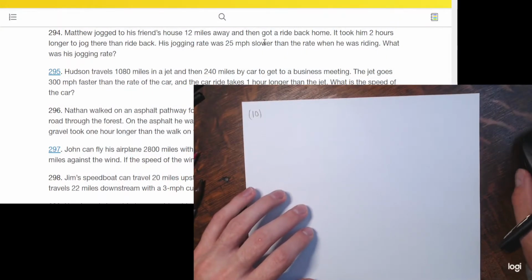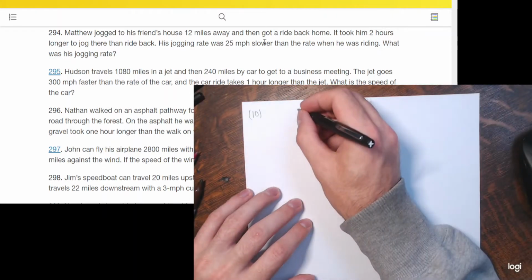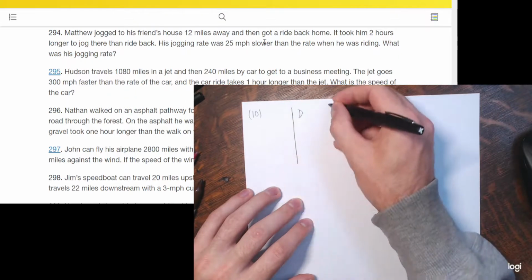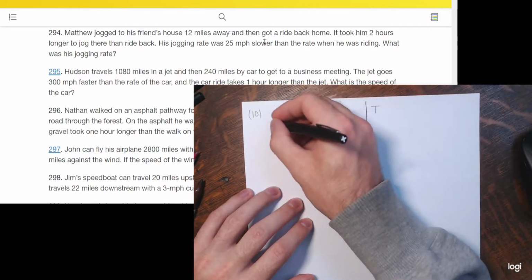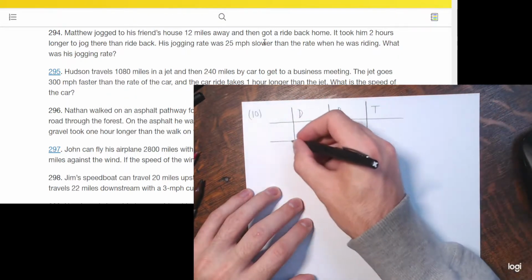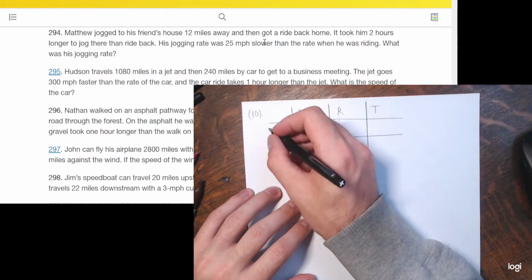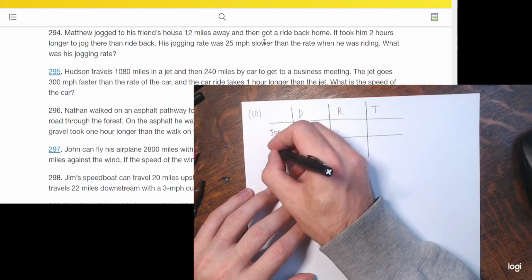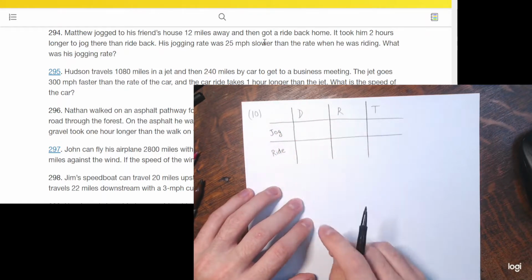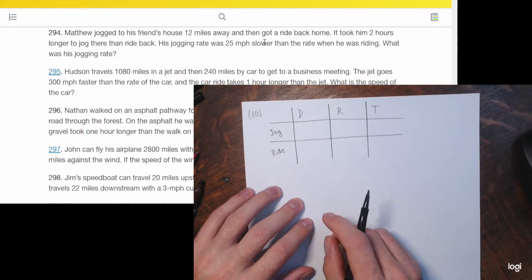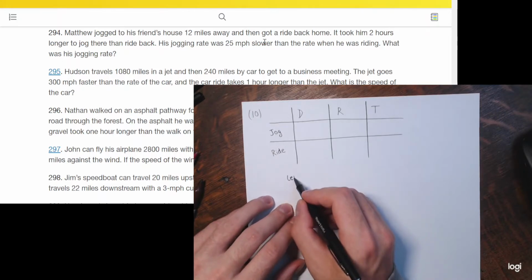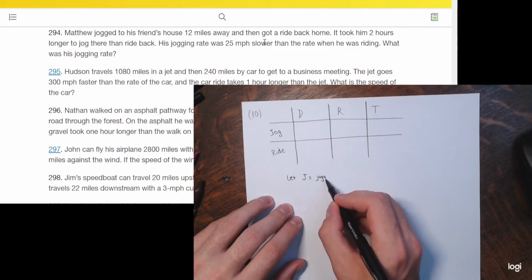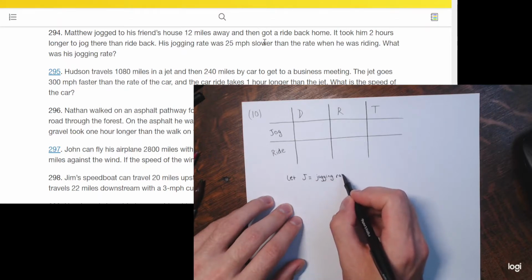Exercise 294. Once again, distance, rate, time chart. On the 2 rows this time, the 2 different trips are there and back. Jogging and riding. And I'm going to let J be Matt's jogging speed, jogging rate, because that's what they asked me for, right?